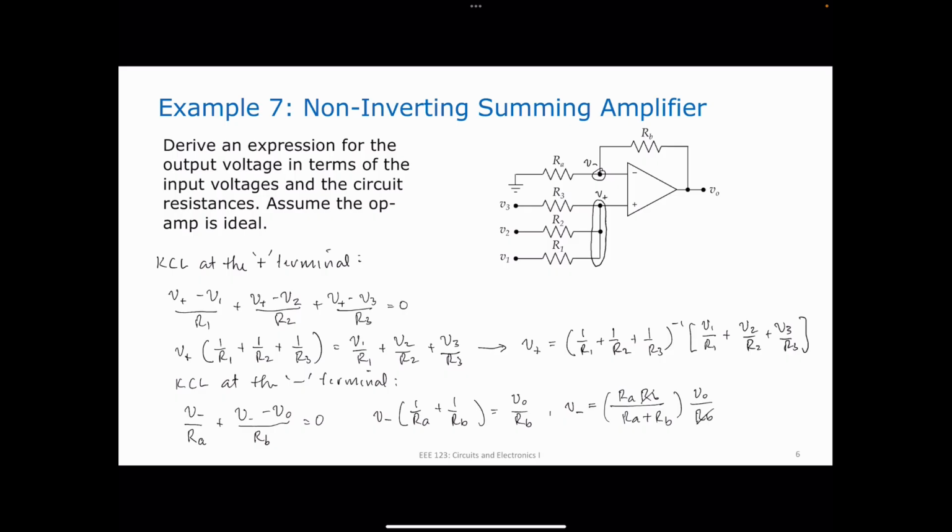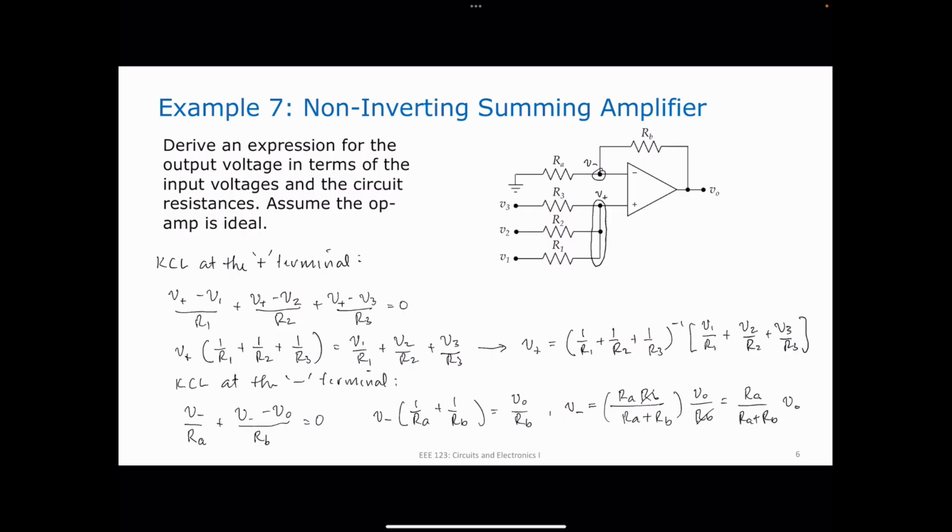So this is just going to be RA over RA plus RB multiplied by V sub O. That is going to be my expression for V minus.